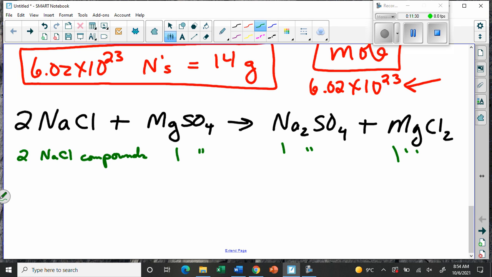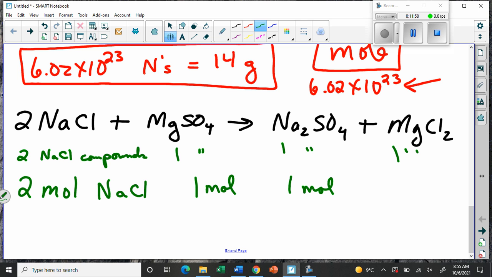Or we can now say, without changing anything, because of the magic of the mole number, 2 moles, and the short form for moles is MOL. For some reason, writing that extra E was just too much for people. So 2 moles of NaCl, and 1 mole of magnesium sulfate, and you'll get 1 mole of this and 1 mole of that.